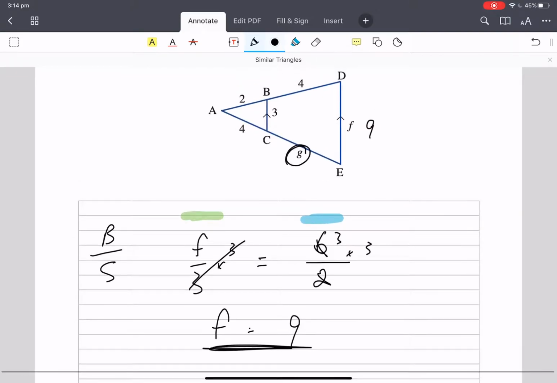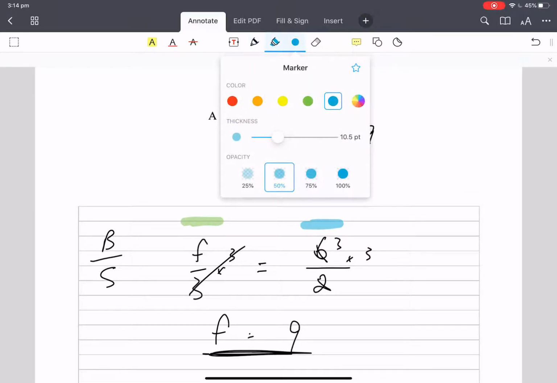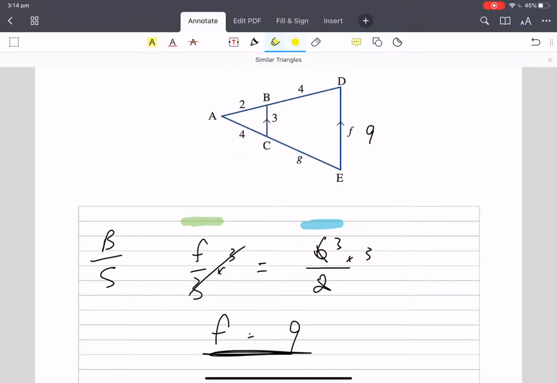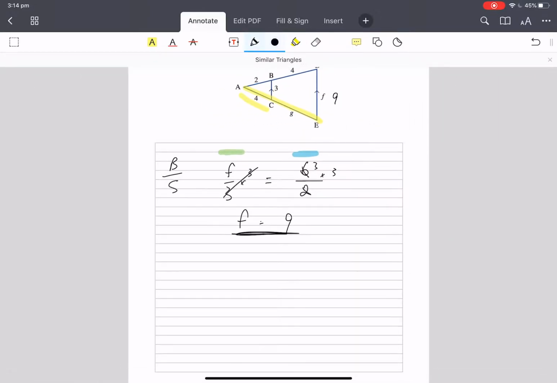We want to find this G. So let's go again with different colours. Yellow. There's my big and there's my small. Big on small.